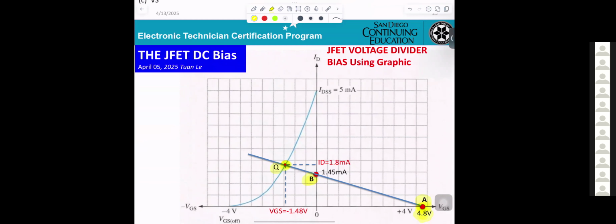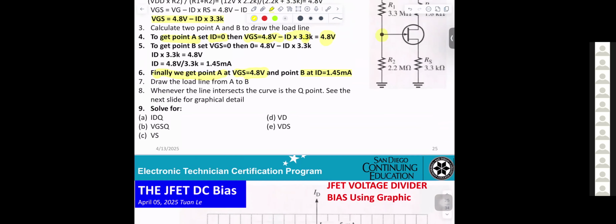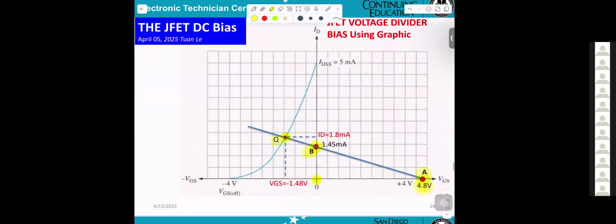And another point, you can pick at this point right here. At this point here, you're going down, VGS equal 0. Now you need to calculate the ID at point B. At ID equal 1.45, that means point B here.